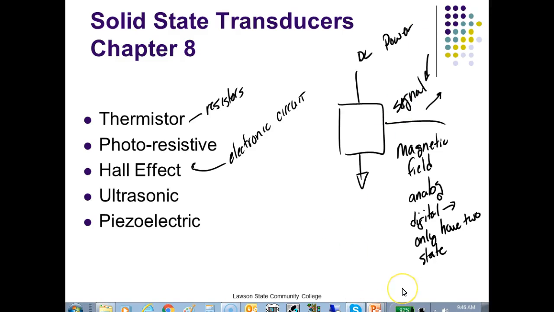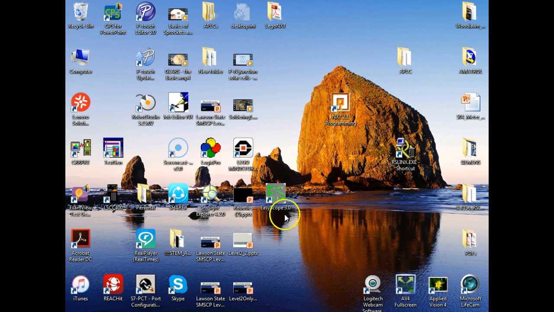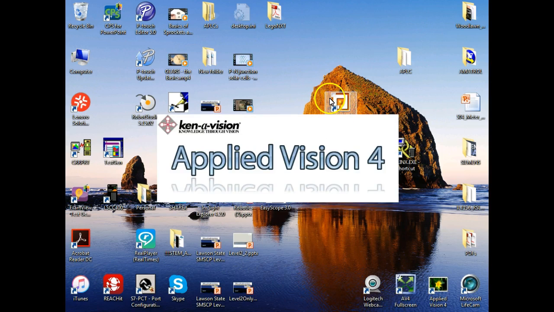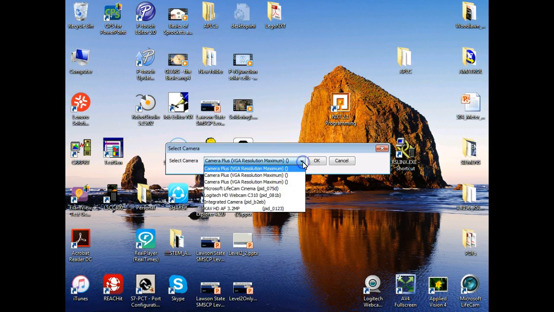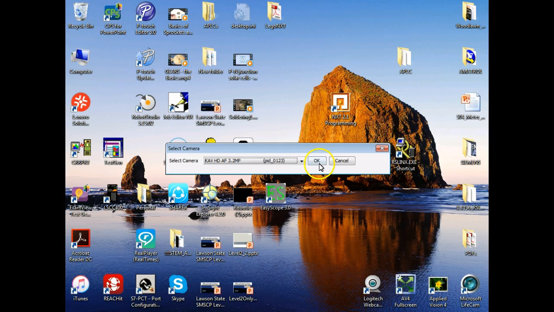This one right here would be too hard for me to hold, but it picks up infrared, so we have a light emitting diode. Everybody okay with LEDs?